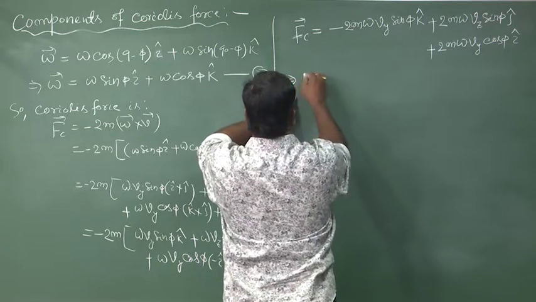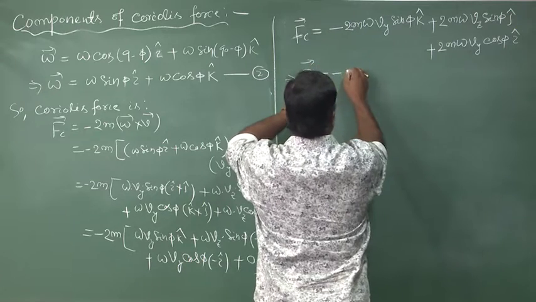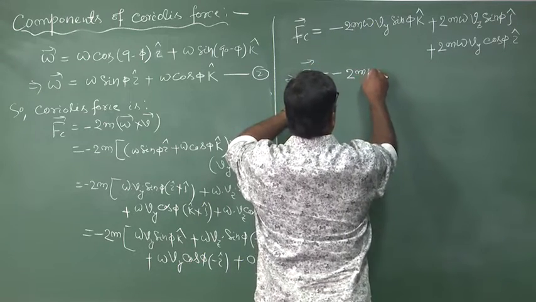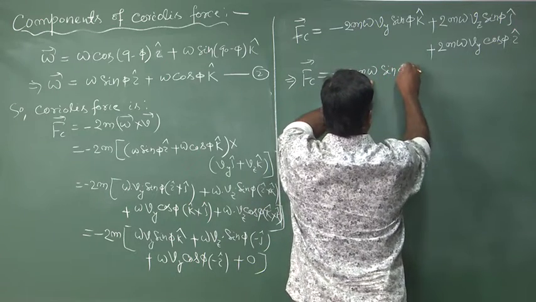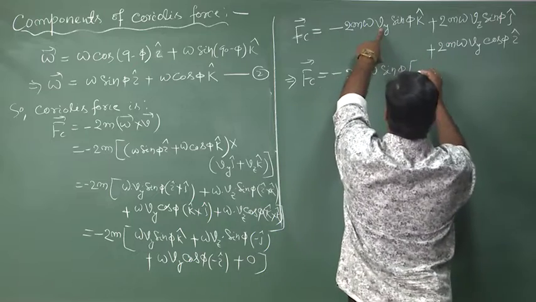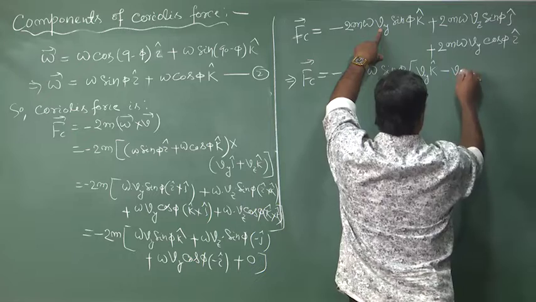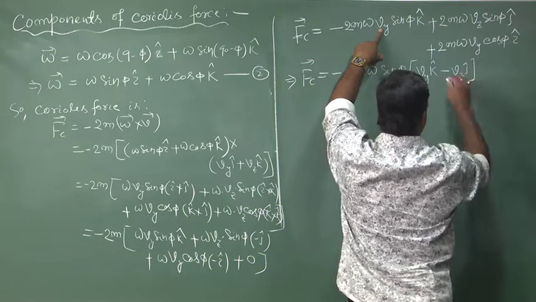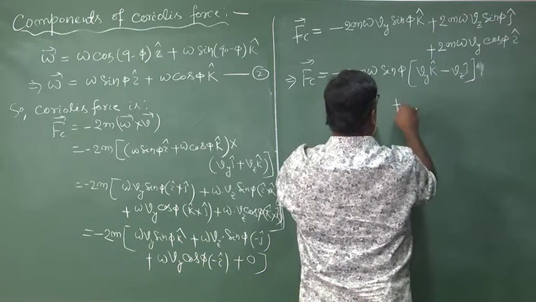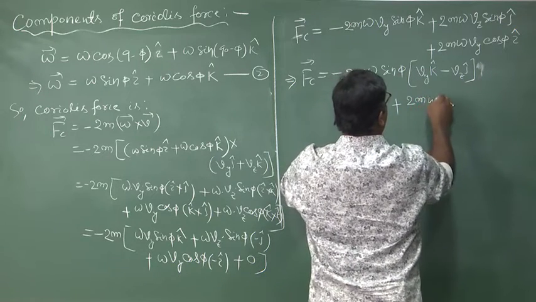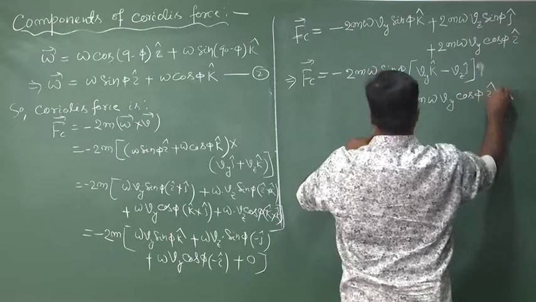This implies Fc is equal to minus 2m omega sin phi within bracket Vy k cap minus Vz j cap plus 2m omega Vy cos phi i cap.